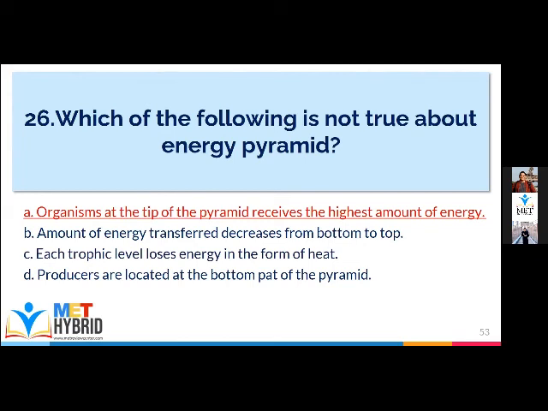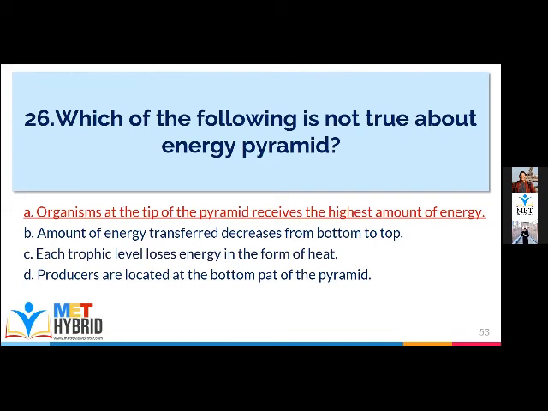From producers, you move to the next trophic level, which are the herbivores. From the herbivores, you go to carnivores, first order consumer, second order consumer, third, and so on. And lastly, on top of our food pyramid are the apex predators, the predators with no known natural enemy.